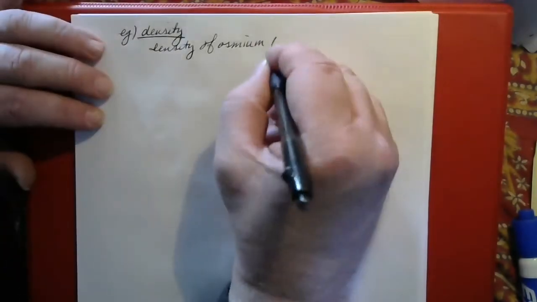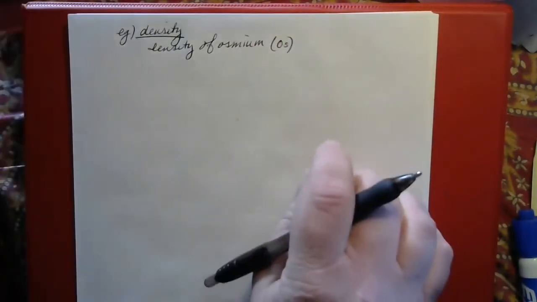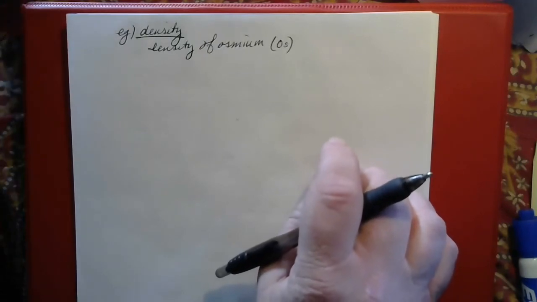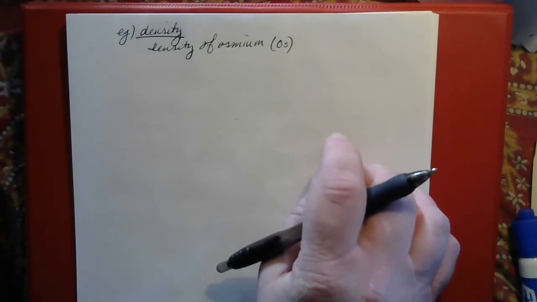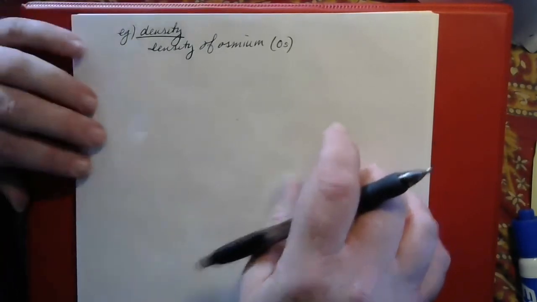It's a metal. It's one of the rarer metals in the periodic table. Its symbol is Os, if you're interested in looking it up. It's very heavy and very brittle and very stiff and not flexible.